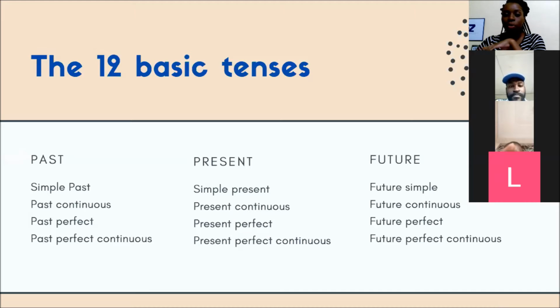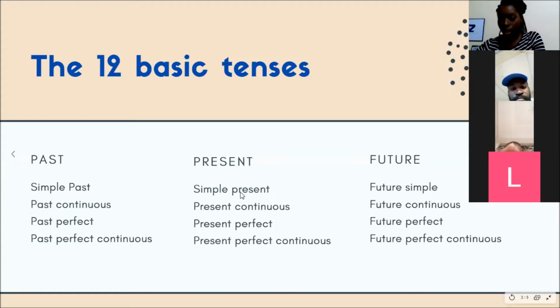The same also applies for the future tenses, where you have the future simple, the future continuous, which is also called the progressive future, the future perfect, and the future perfect continuous. So these are the 12 basic tenses of the English language. And today we are going to focus on the present. We will go deeper into the 4 tenses of the present.